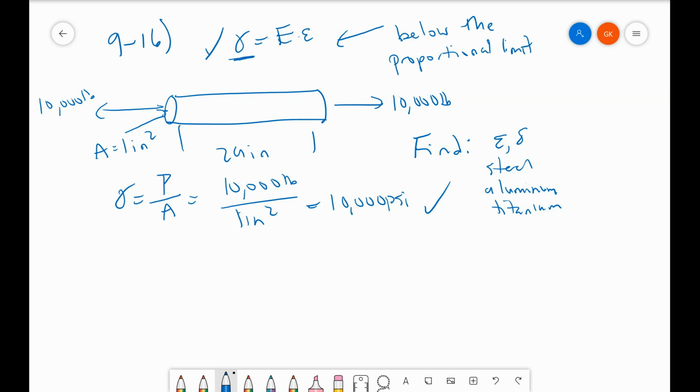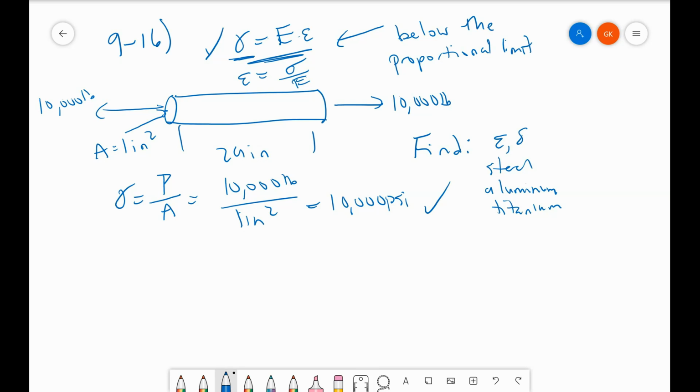And now let's find the strain. So our strain is going to be using this equation right here, but we need to rearrange it. So instead, the strain is equal to the stress divided by the modulus of elasticity, which was given in the problem statement. I didn't read it out because they're very large numbers.